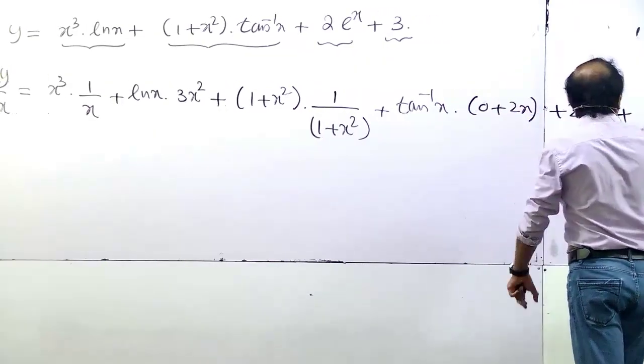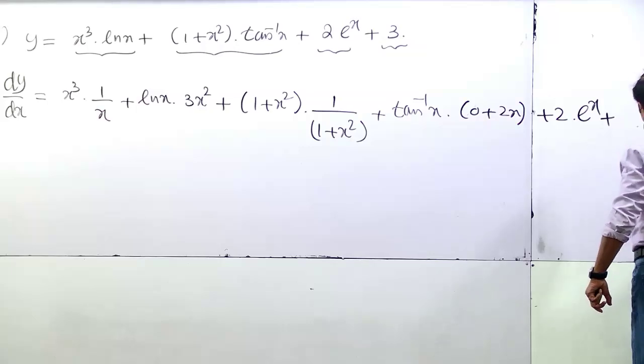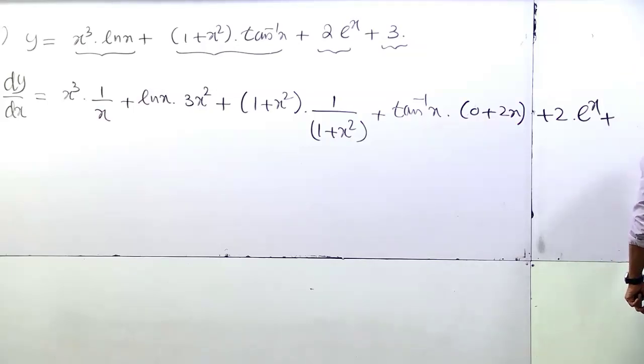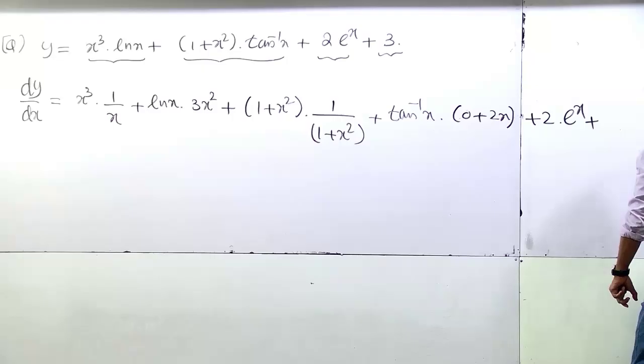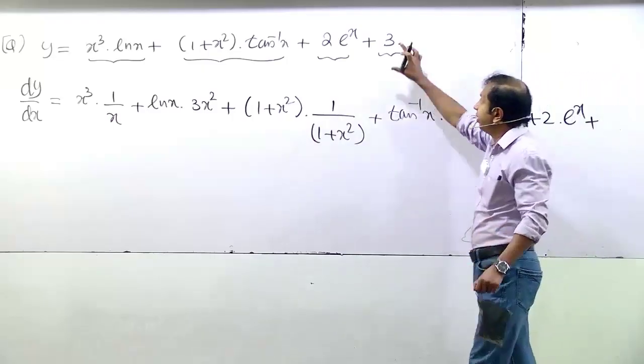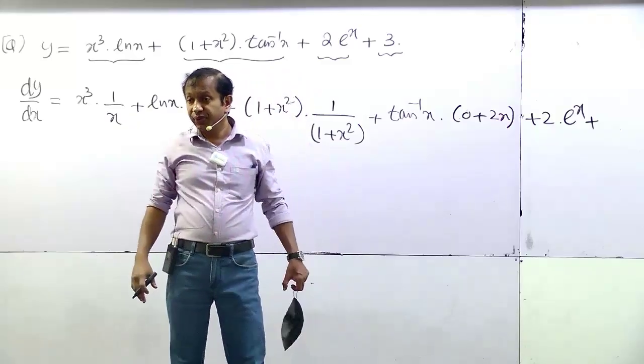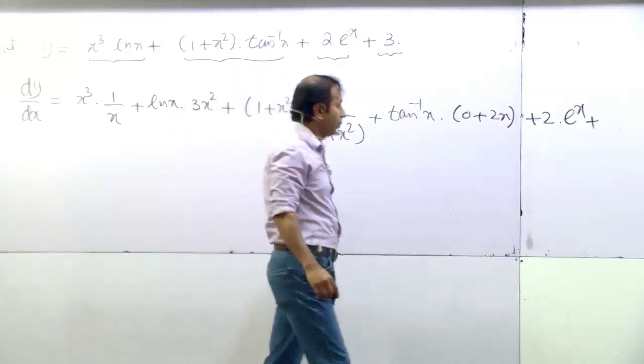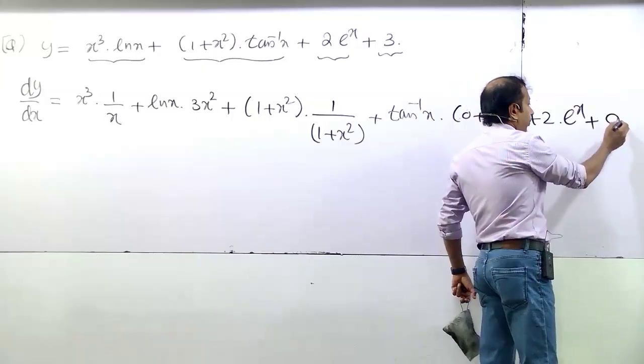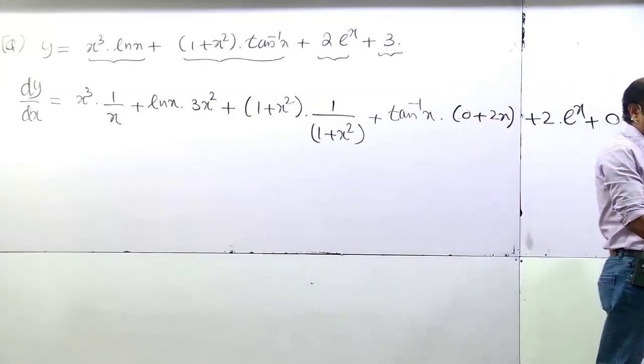Plus now this 3 is a constant alone. What is the derivative? 0. It is 0. This way, don't go to simplify, we can take the answer.